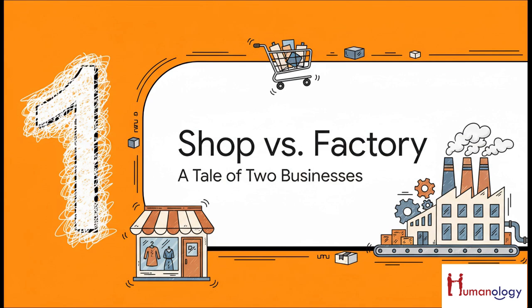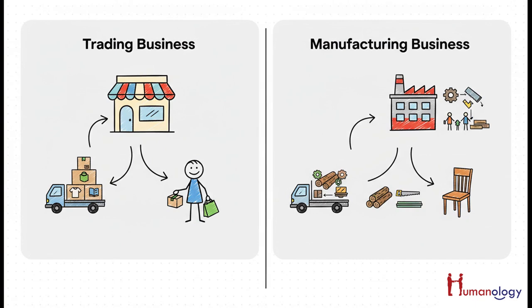To really get it, let's put two very different businesses side by side, your average retail shop and a manufacturing factory. And this slide right here nails the fundamental difference. On one hand, you have a trading business, a shop. It's basically a middleman. It buys products that are already made and just sells them. But a manufacturing business, it's a creator.